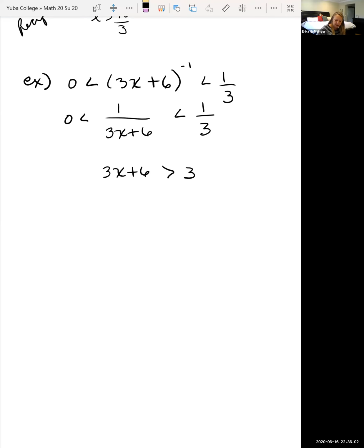To get x by itself, if I subtract 6 on both sides, I get 3x is greater than negative 3. So x is greater than negative 1.